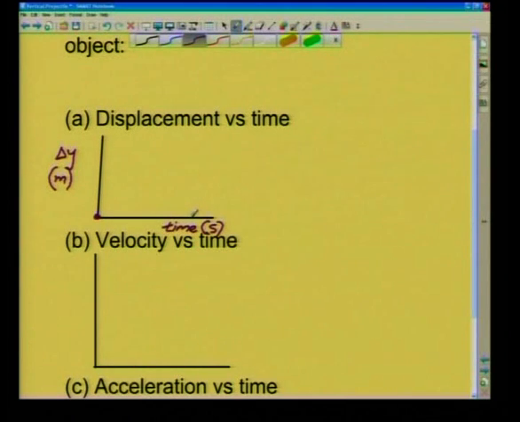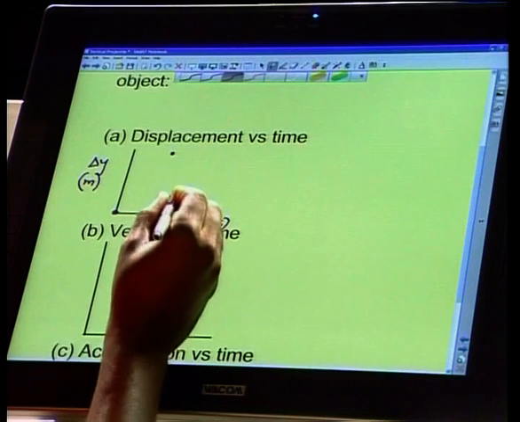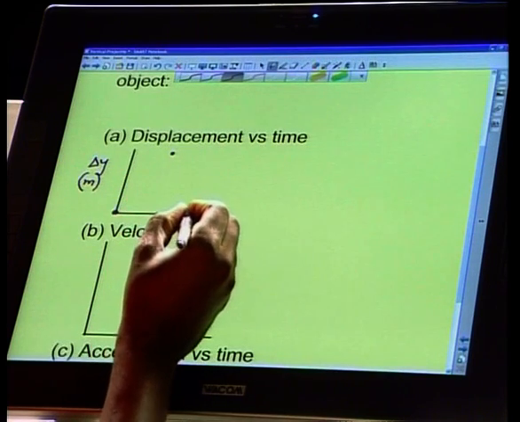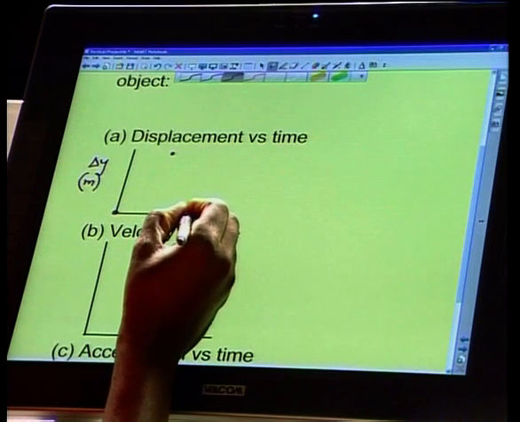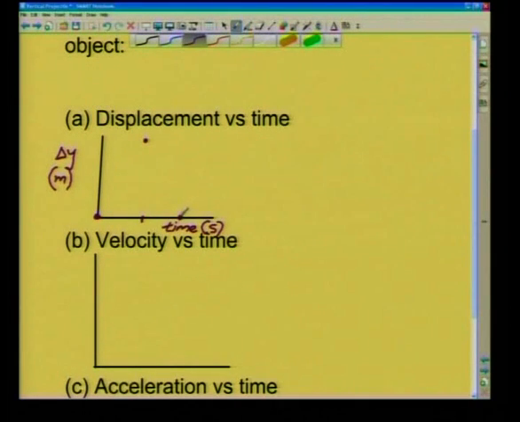And after some time, it is going to move up, and after some time it's going to reach a maximum height where it's going to stop momentarily, just for a very short time. It stops there, and it will start to move in a reverse direction, in other words, coming downwards this time. And after some time, it will then reach the point at which it was projected. Say it is that point there.